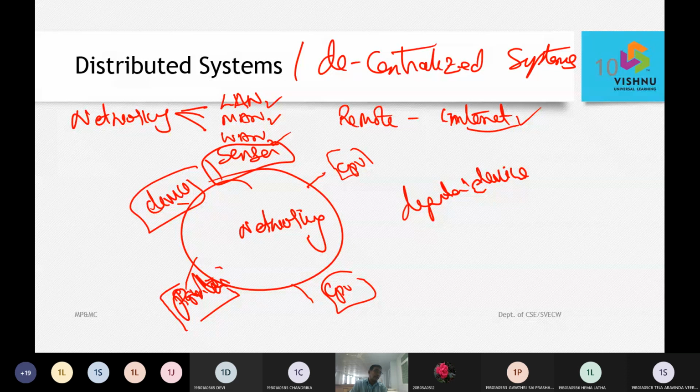So what was the first advantage? The first advantage was that it is going to have a decentralized system. A centralized system will be at only one location. For example, in the earlier 1970s and 80s, to purchase a railway ticket, people had to go to the railway station, stand in a queue and get the ticket.